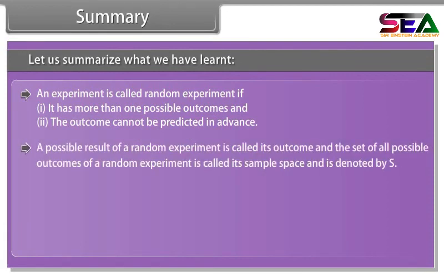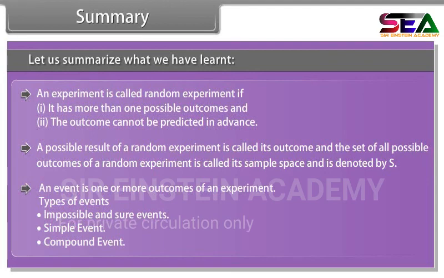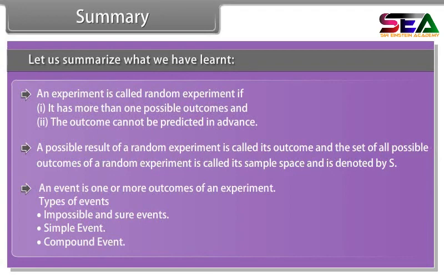A possible result of a random experiment is called its outcome, and the set of all possible outcomes of a random experiment is called its sample space and is denoted by S. An event is one or more outcomes of an experiment. Types of events: 1. Impossible and sure events. 2. Simple event. 3. Compound event.